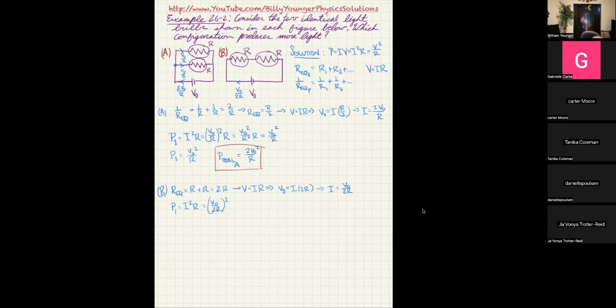That's going to be squared, and then I've got to multiply that by R. That's going to give me 1/4 V0 squared over R squared times R, which equals 1/4 V0 squared over R. Now P2 is going to be identical, so that's going to be 1/4 V0 squared over R. So that means P total, and this is for part B, is equal to 1/4 plus 1/4, which is 1/2 V0 squared over R. And you can see that this is in fact 4 times smaller than the other one.